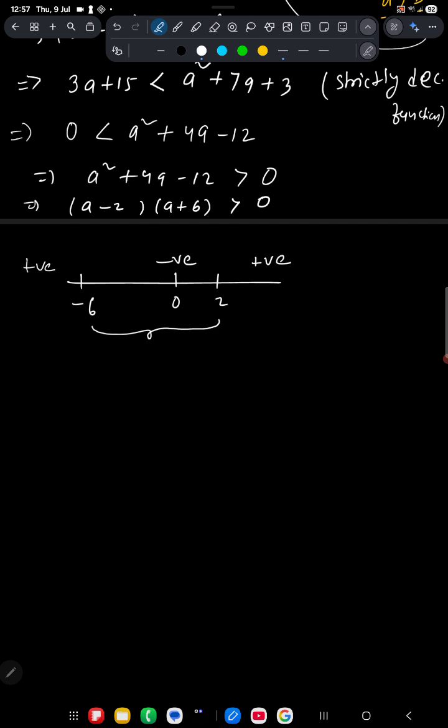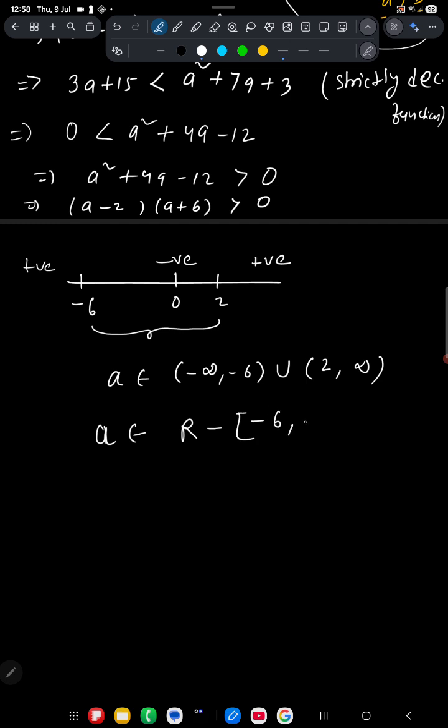So this expression is becoming positive for a lying between minus infinity to minus 6 union 2 to infinity. And this is nothing but a belongs to R minus closed interval of minus 6 and 2.